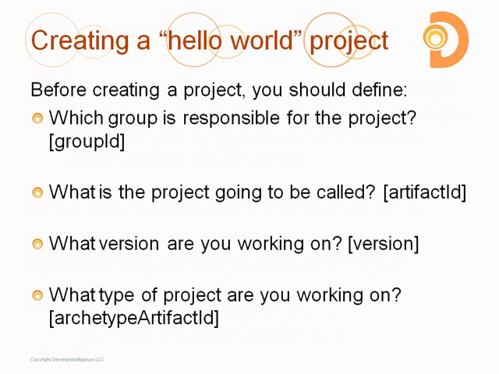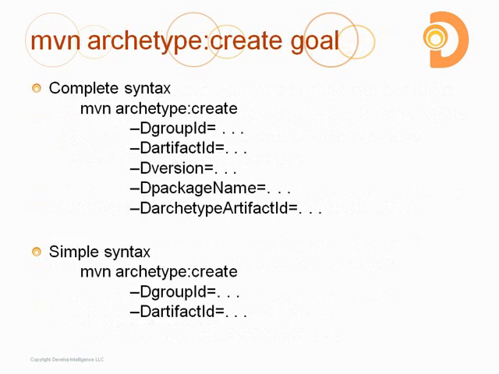with all that information, I can go back to my archetype create command, so to speak, and specify. You'll notice here a very complete syntax is the first example. Specify the group ID, artifact ID, version, and so on.